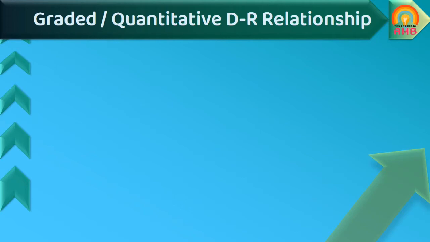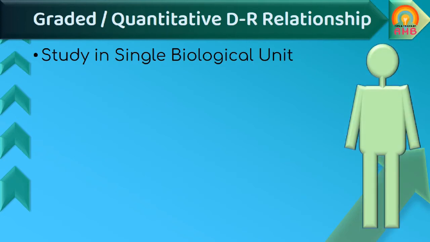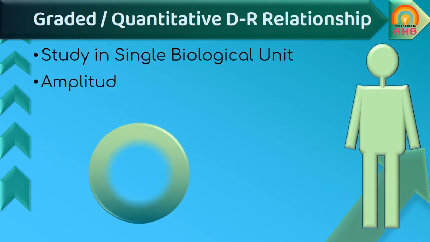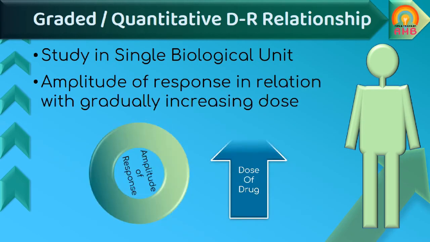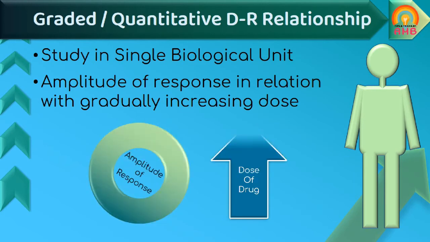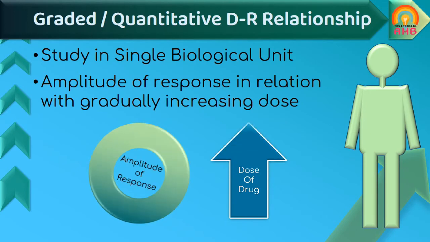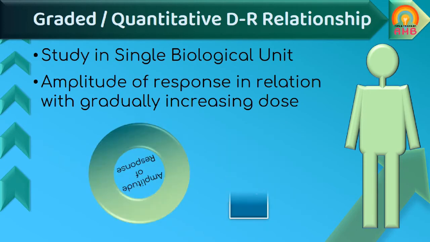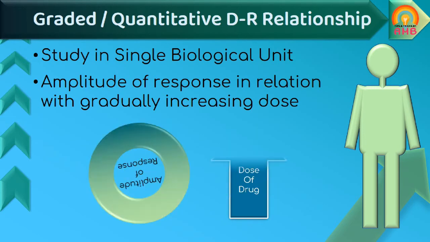This type of relationship is studied by considering a single biological unit, that is, the size or amplitude of response in a single subject, single individual or single animal is considered in relation with a gradual increase in dose. So a single biological unit is very important here.